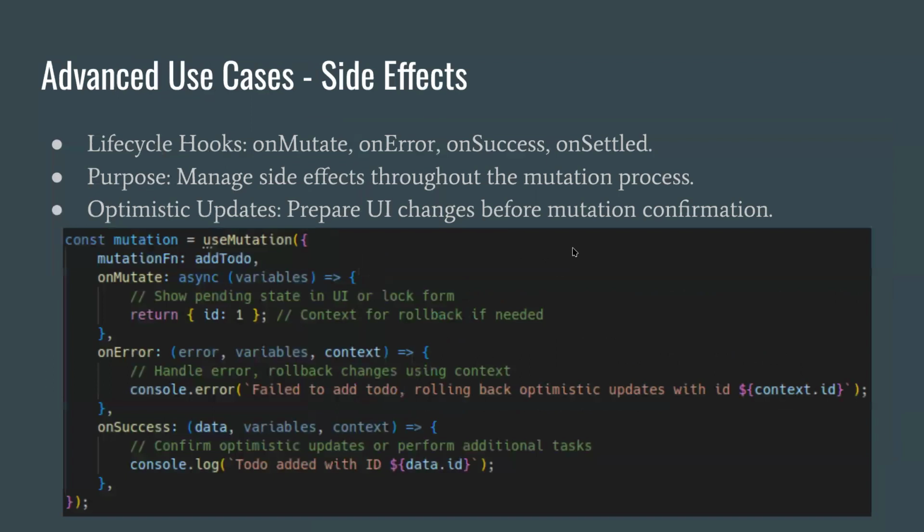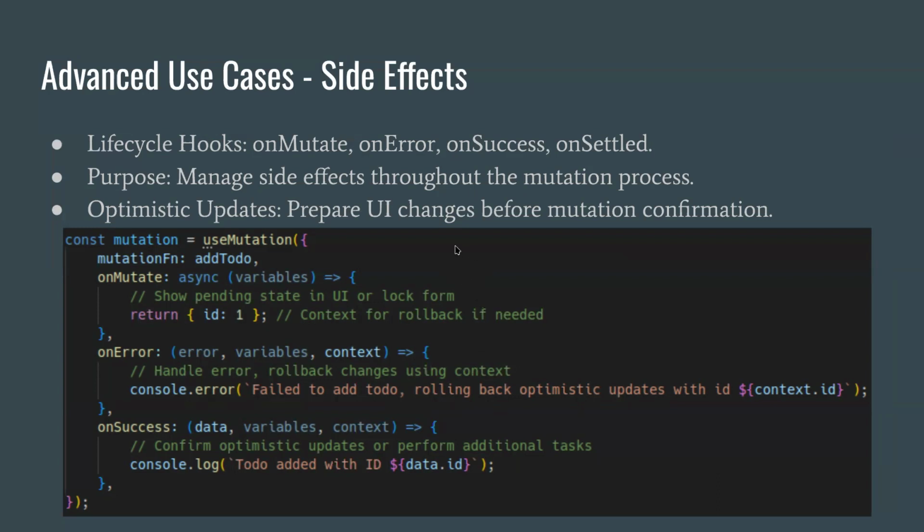Advanced use cases, side effects. So mutations are not just about changing data. They can also manage side effects throughout their life cycle. So for instance, you might want to prepare the UI for changes before a mutation is confirmed by using the onMutate option.